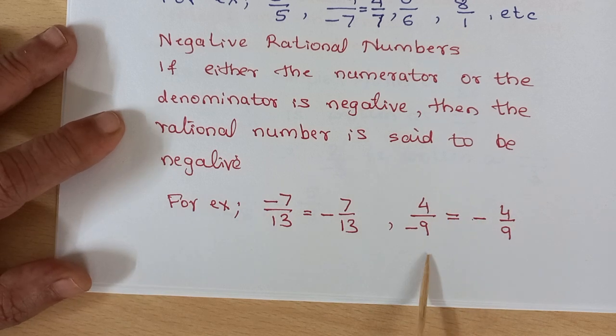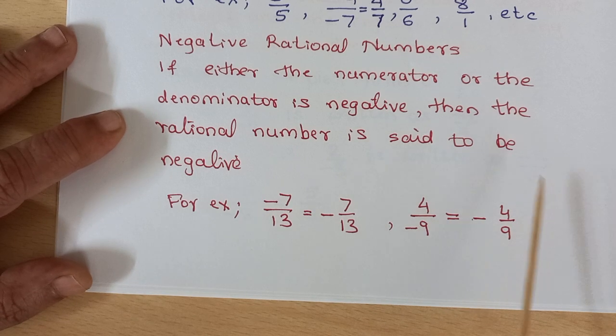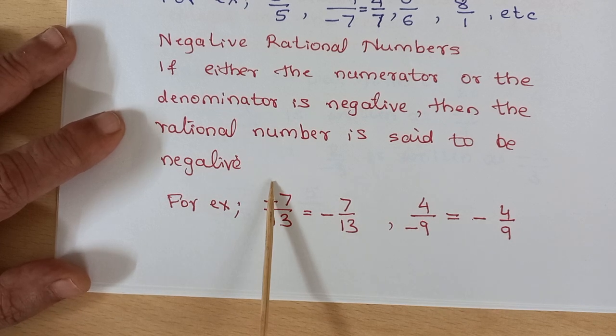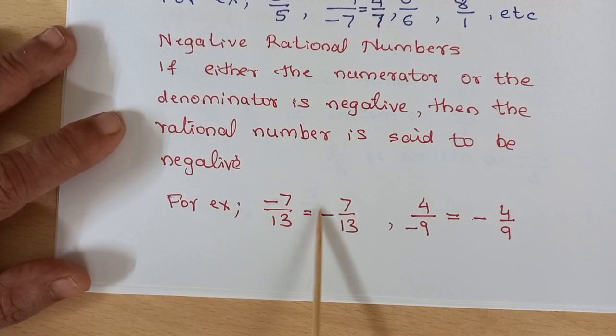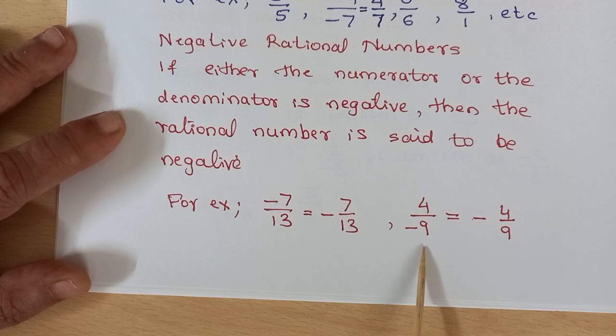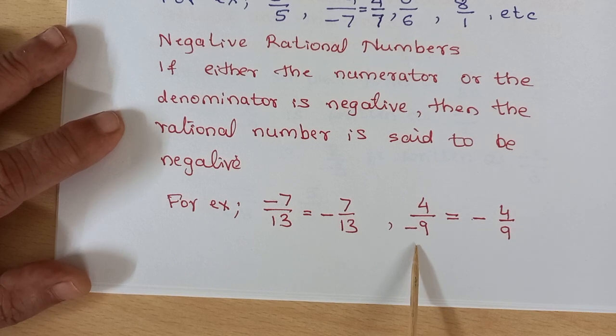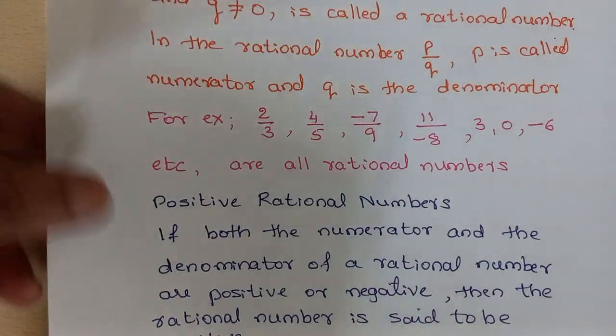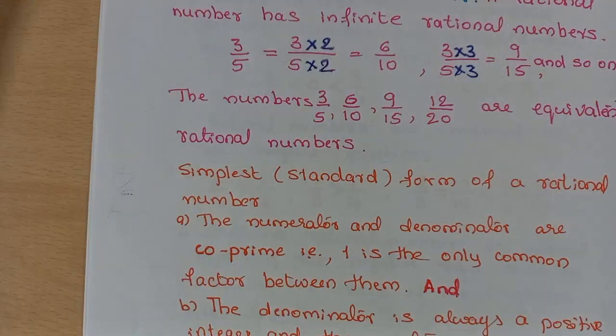And 4 divided by minus 9 is equal to minus of 4 divided by 9. In this first number, the numerator is negative, therefore the whole rational number is negative. In this second number, denominator is negative, therefore the whole rational number is a negative rational number. This is how we understand the sign of the rational number.